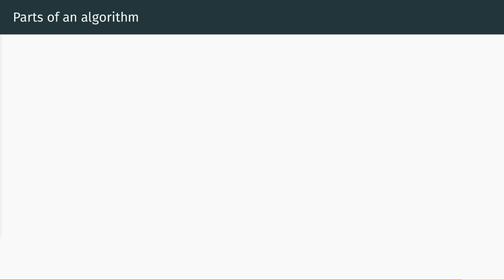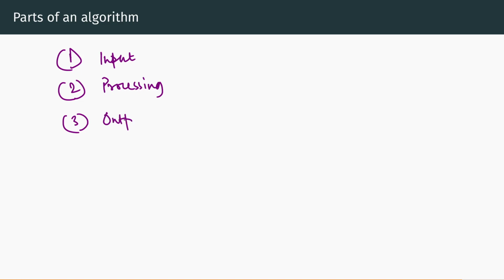Okay, now let's talk about the different parts of an algorithm. Generally speaking, an algorithm has three parts. The first part is input, or taking the input. Next comes the processing, and finally the output. Now, the input is not compulsory. You may have algorithms that do not take any input.